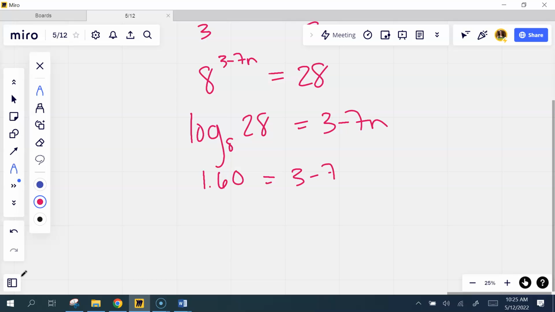And now it's a two-step equation. So this is log 28 divided by log 8. Yep. Subtract 3.